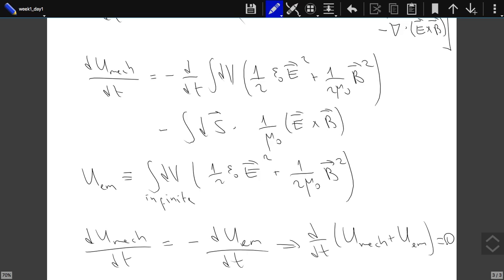Now we have proof that Maxwell's equations predict that the total energy of my system is conserved, as long as I identify this integral as the energy stored in my electromagnetic field.